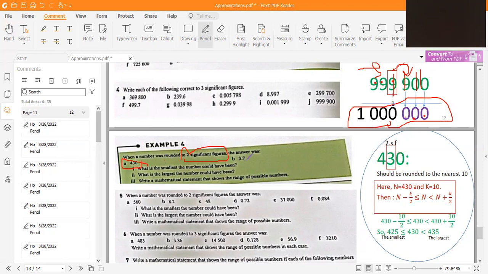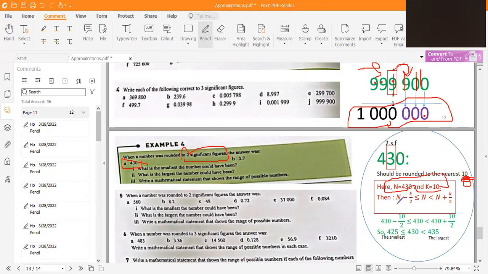Like 430, the second significant figure, reading from left to right, is 3. 3 is located in the tens column, so this number should be rounded to the nearest 10. Let k equal 10, and the number n equal 430.